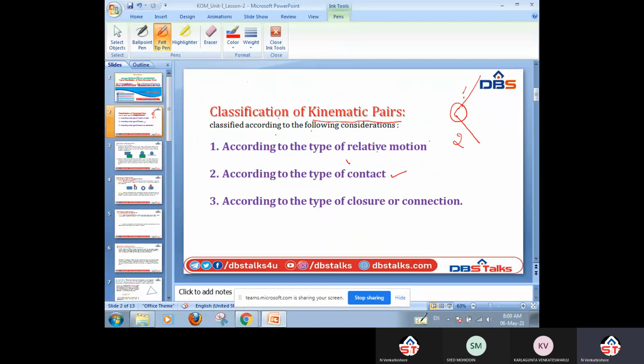Next, according to the relative motion, that means the motion between these two links. The last one is depending upon the type of closure or connection between these two links. One by one we will go through the classification of these kinematic pairs.